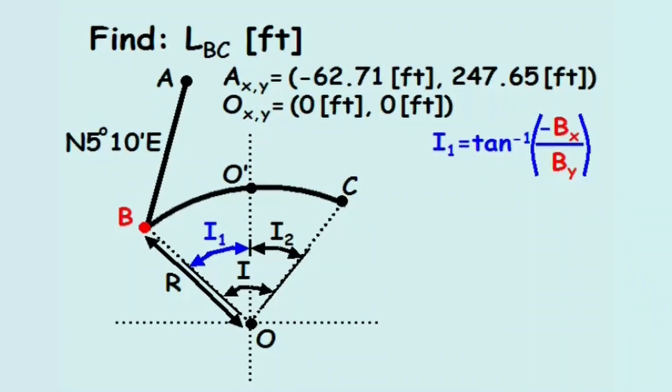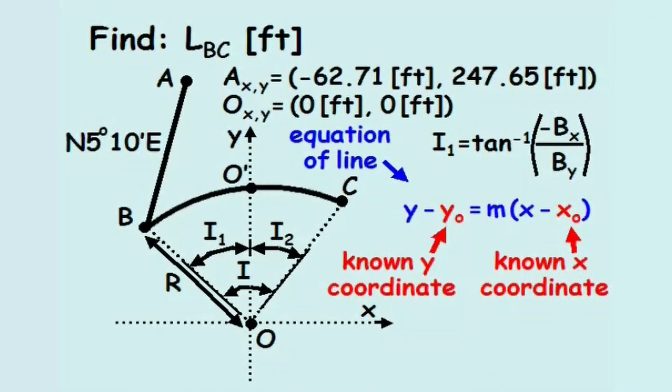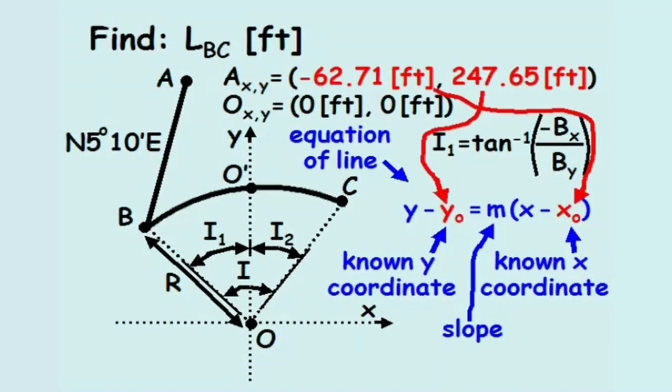The general equation for a line in two dimensions is y minus y naught equals m times the quantity x minus x naught. In this equation, y naught and x naught are known y and x coordinates for a point on the line, and variable m is the slope of the line in y over x. Since we know point A is on line AB, then we can substitute negative 62.71 and 247.65 in for x naught and y naught, respectively.